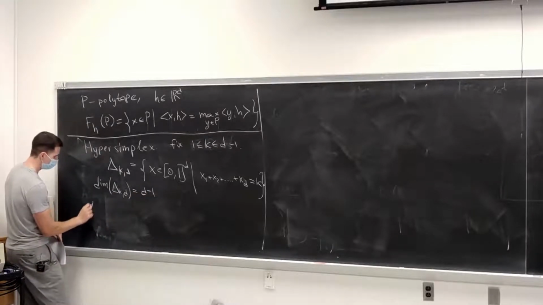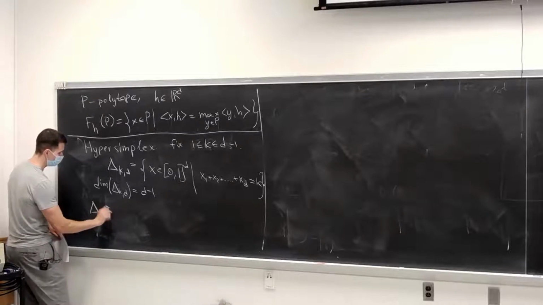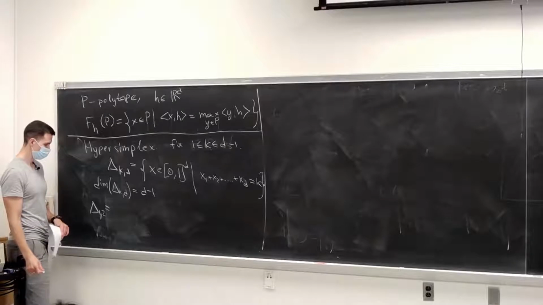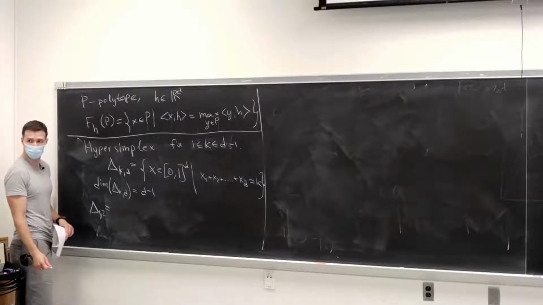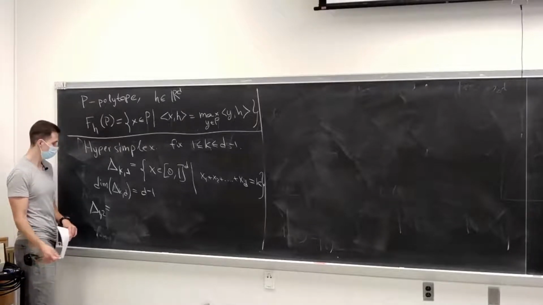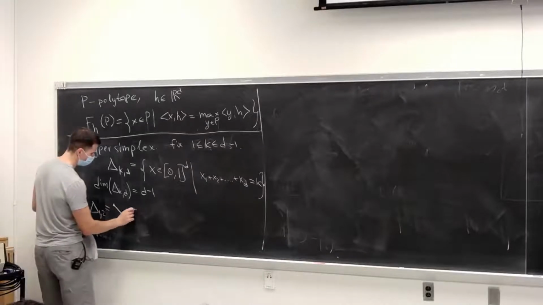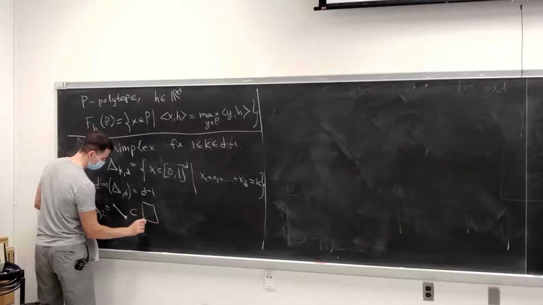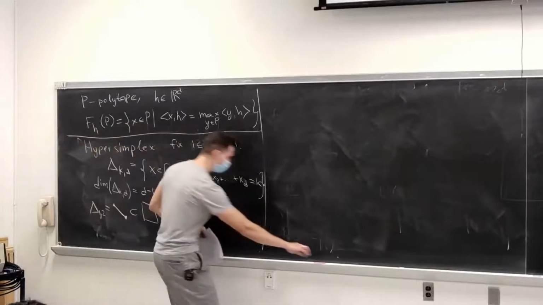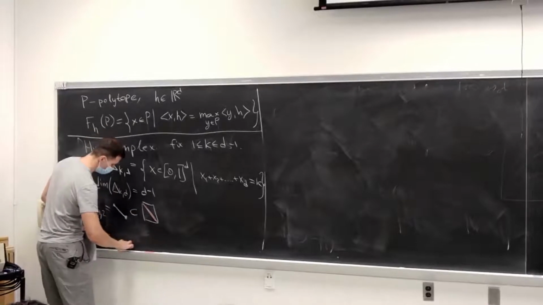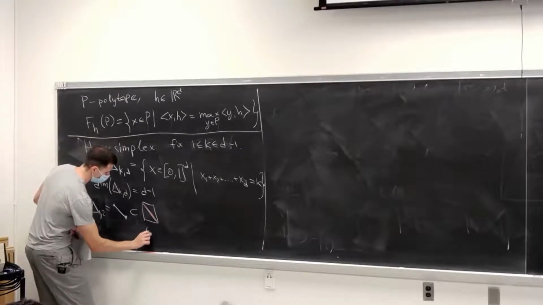Maybe Delta_{1,2}? Diagonal of a square. Okay, yeah, so it's just a line segment which is contained inside the cube, the diagonal of the square. Okay, this is [0, 1].